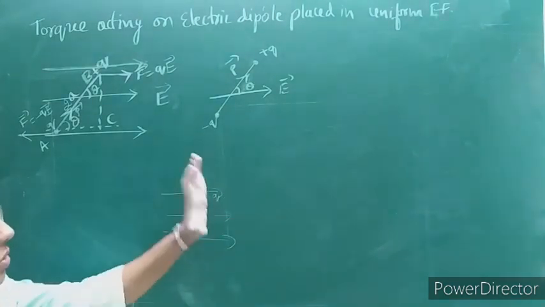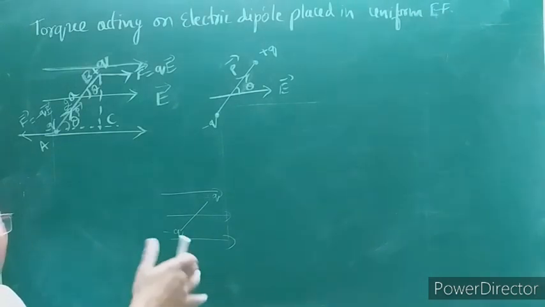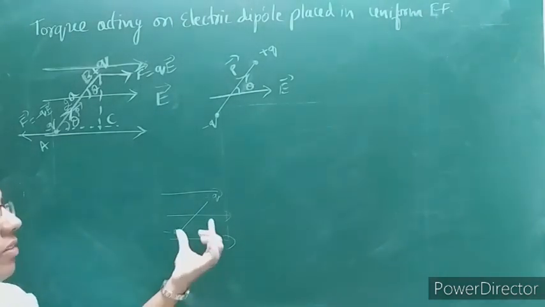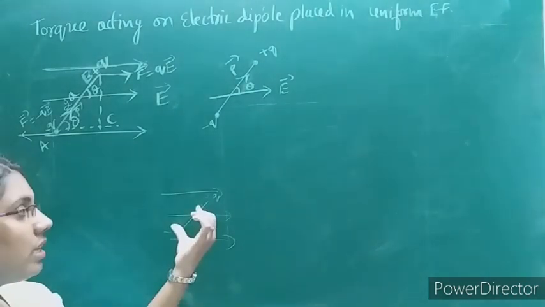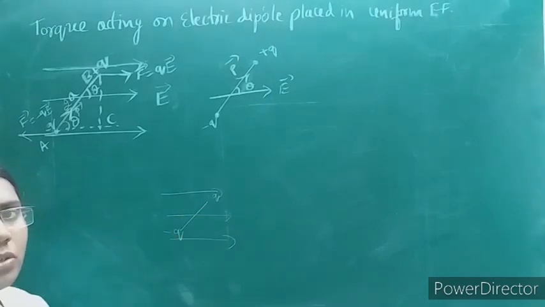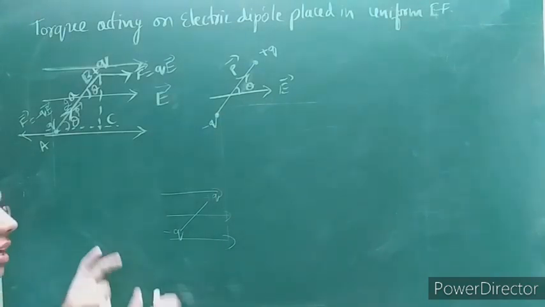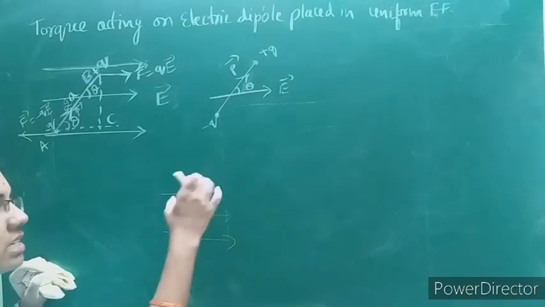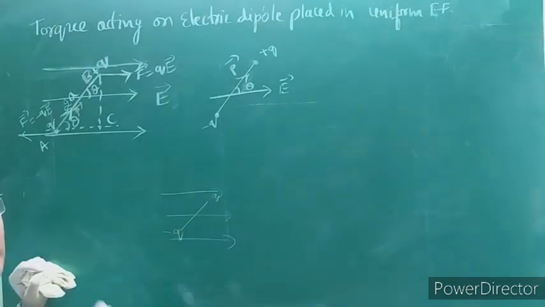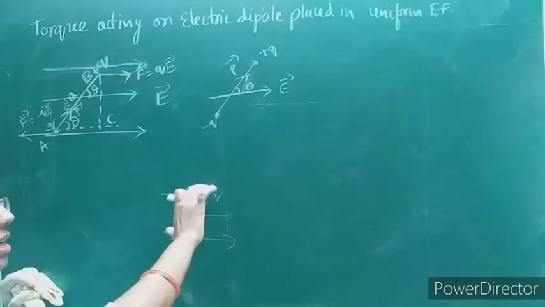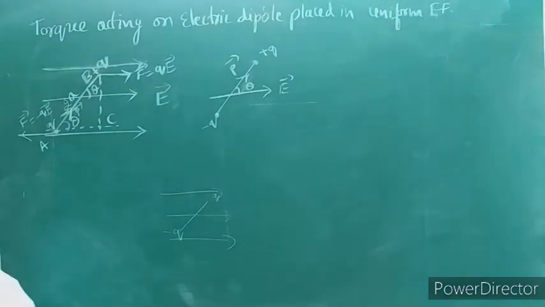Due to that force, torque will be developed in the dipole. We know the significance of torque: torque acts on a body to rotate it, as in first PU itself, right? So here also, by this electric field, torque will act on the dipole. Due to that torque, the electric dipole starts to rotate.